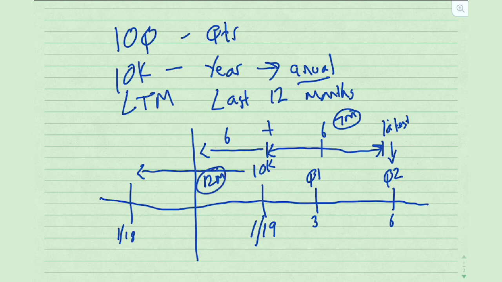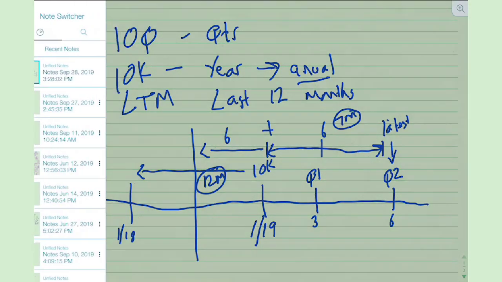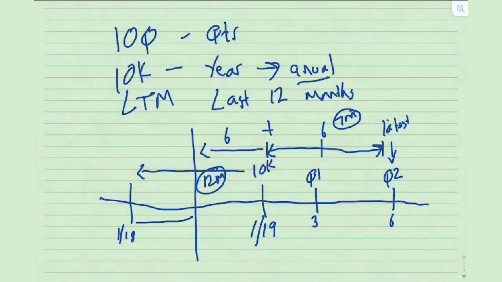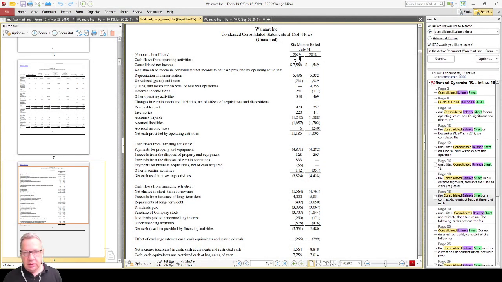They'll also tell you, in this 10Q, what the same contrasting revenue was for the prior period, because they contrasted in the report. Here it is. You can see there's 2019 and 2018 for 6 months.